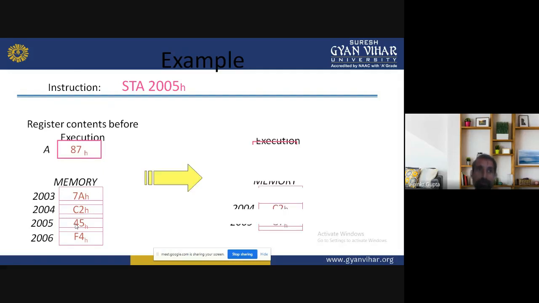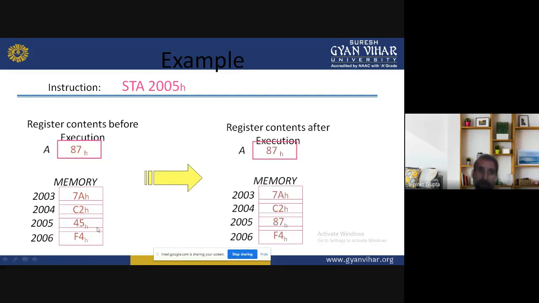So now that data will be overlaid by 87. So now this 87 will be transferred to this memory location. So again, what is the length of this instruction? It's again a 3 byte instruction because 2 bytes is the address and 1 byte is the opcode. So it is a 3 byte instruction.